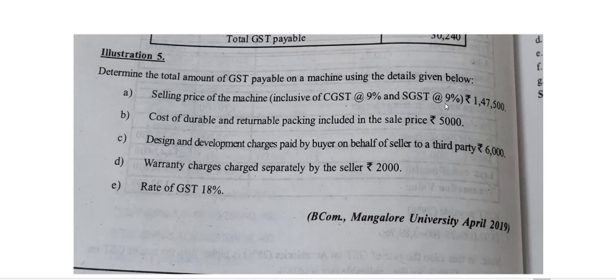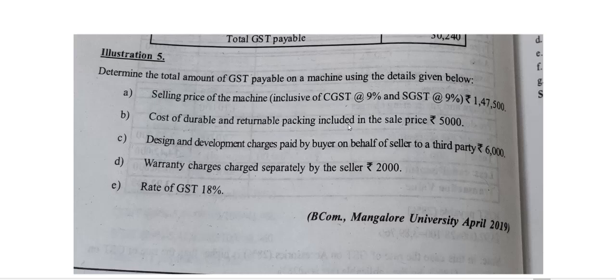Here they have given inclusive of GST. What should we do? Very simple. We have to exclude. The amount is included here. Find out what is the GST amount that is there and just deduct that amount from this total and you will get the selling price excluding GST.